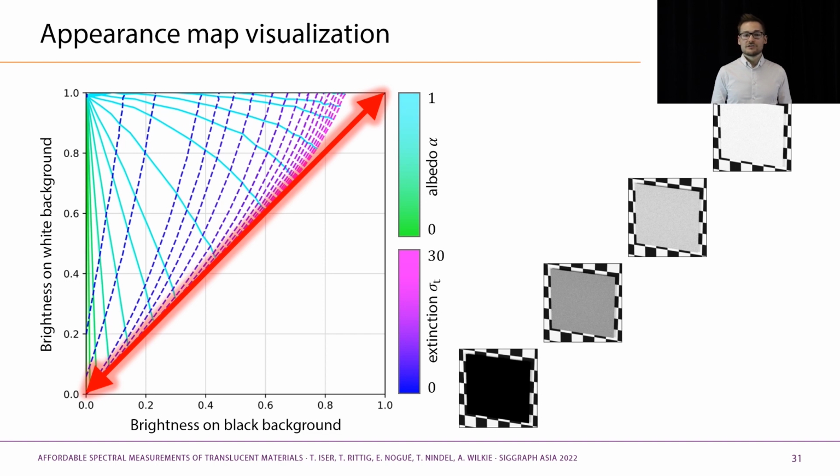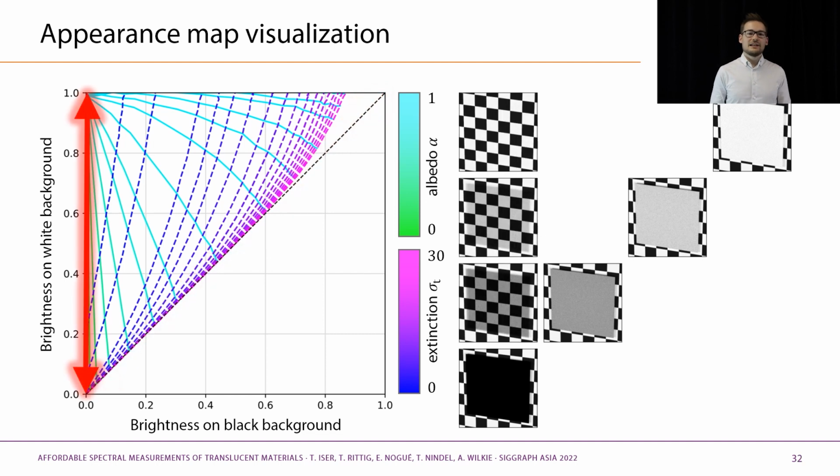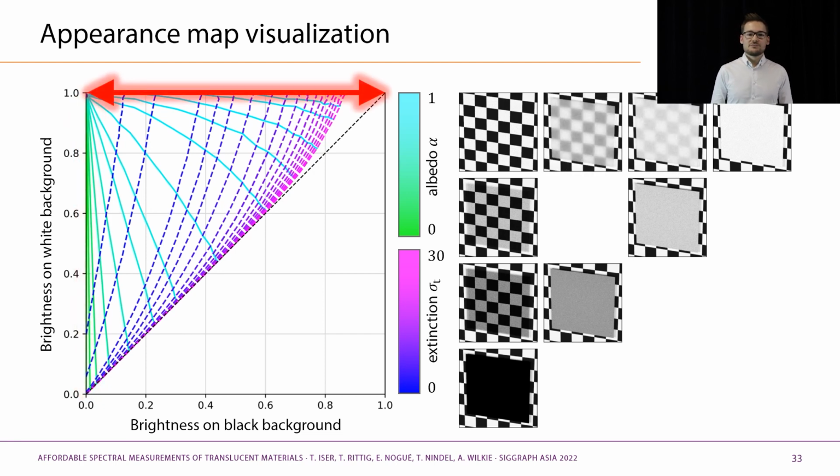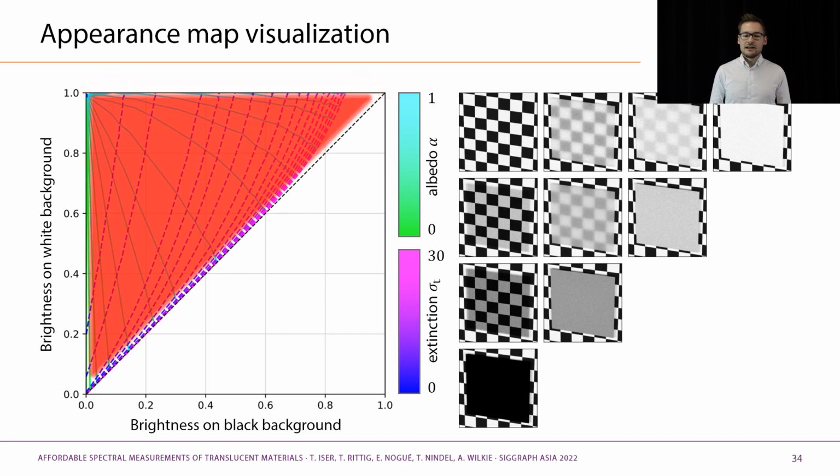The position along the diagonal changes the albedo, influencing the material's brightness. Along the left edge, we have non-scattering materials with 0 albedo. The top edge has purely reflecting materials with no absorption. And finally, everything in between represents both absorption and scattering at the same time.